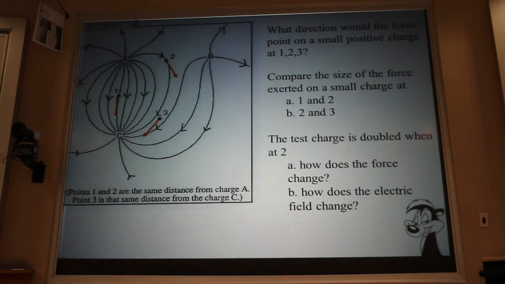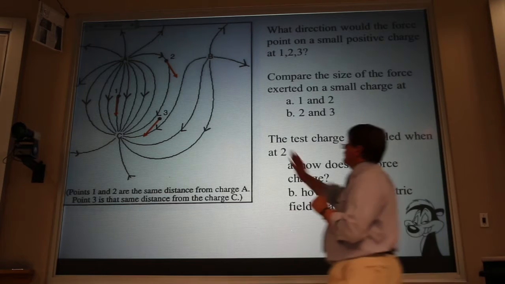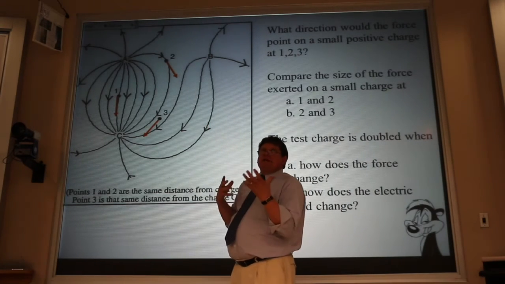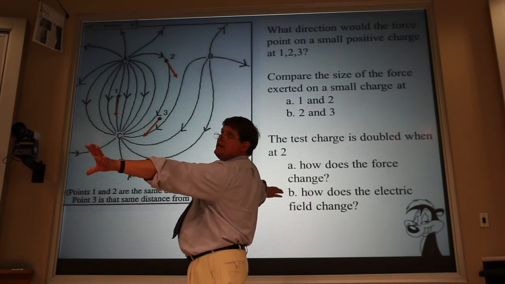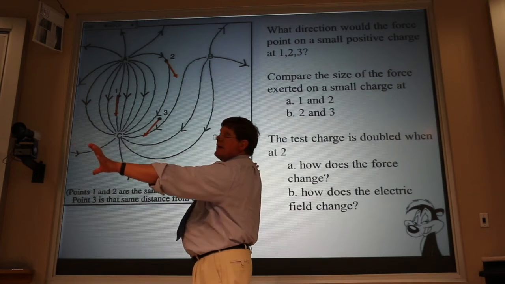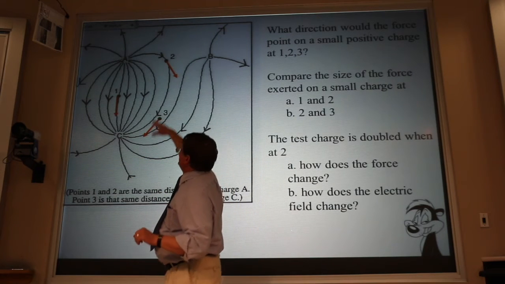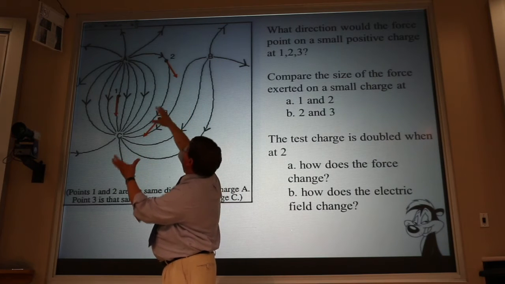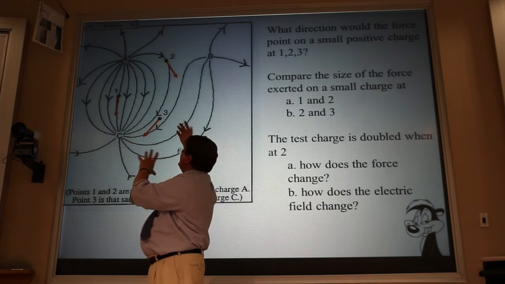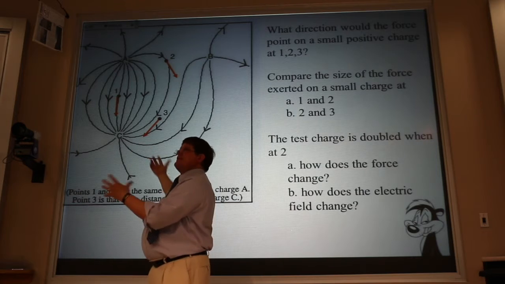And if I were to ask you to compare the size of those pushes at 1 and 2, again, some people, not you, but some people throw away the gift, throw away the field lines, and they say, oh, well, 1 is really close to 2 big charges, and 2 is close to a big charge, but also a little charge, but maybe C is negative, so maybe that comes in.